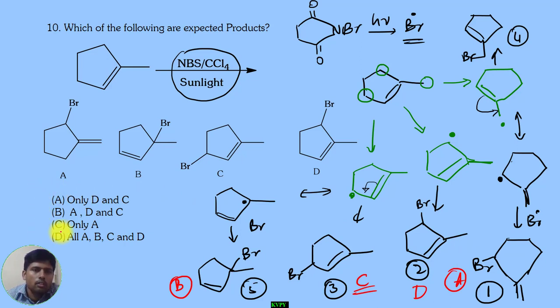So it is option 4, all of A, B, C, D. So that's how free radical reactions can give rise to a variety of products.